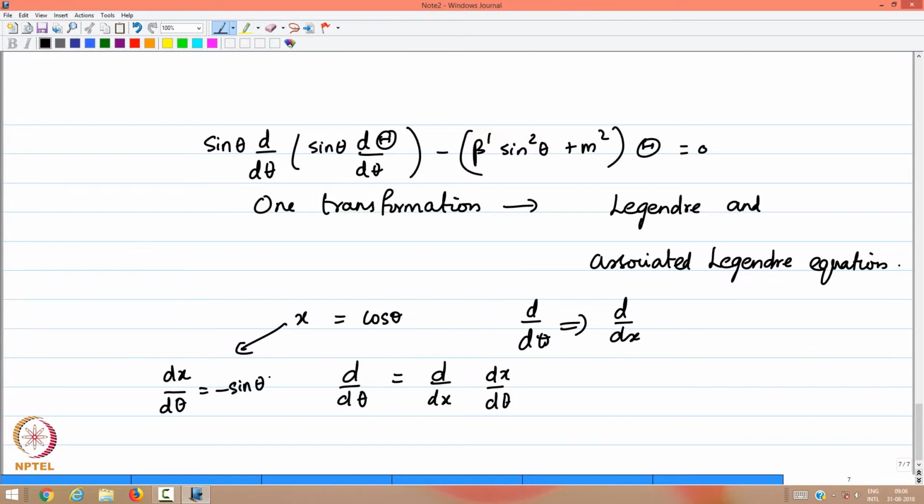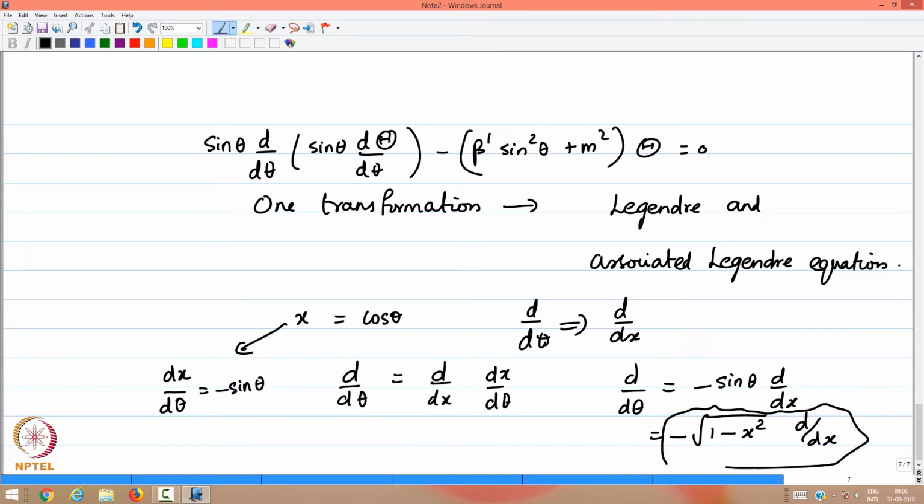Therefore, d by d theta is now replaced by minus sin theta d by dx, and of course sin theta itself, in terms of x, is the square root of 1 minus x square, so it is minus square root of 1 minus x square d by dx. This substitution for d by d theta is what we wanted to make throughout, to change this equation into the x variable.